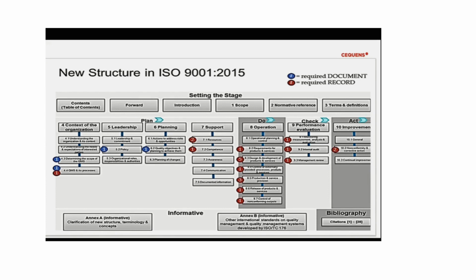Last thing, 10, improvement. We have to have a general improvement. We have to have an improvement of non-conformity and corrective action, very important. So how to improve? Number 1 is generally. While I'm working on my processes, I have a gap, so I'm improving it, like I said in the plan, do, check, act cycle.